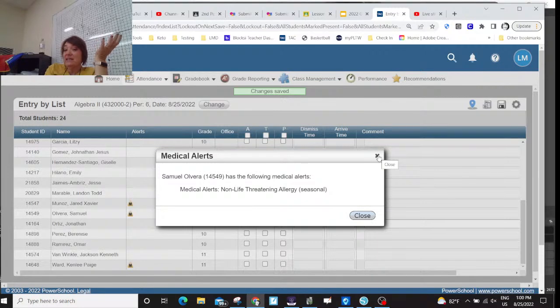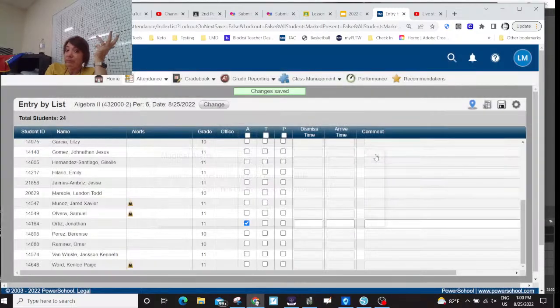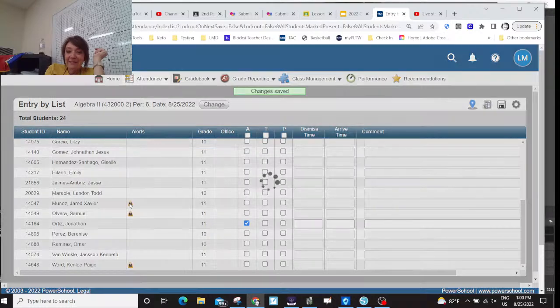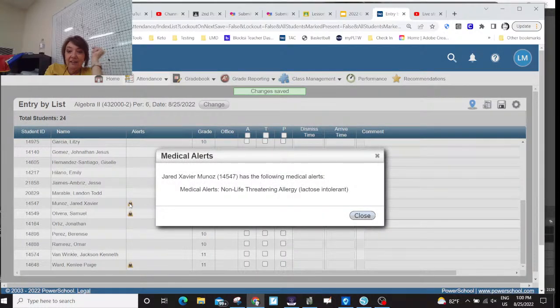It says seasonal. So do you have allergies in the spring or the fall or anything? Pollen? You don't sneeze and have a runny nose? I have seen that. I'm not ready.